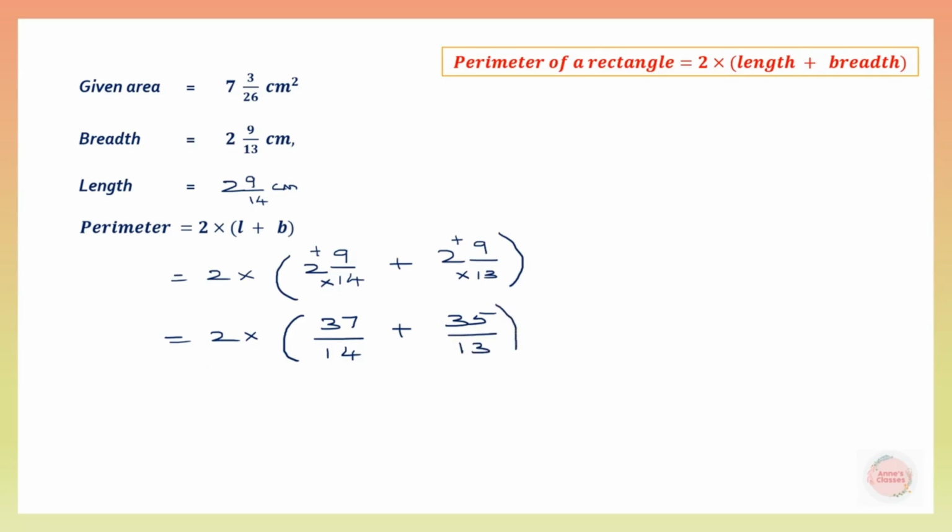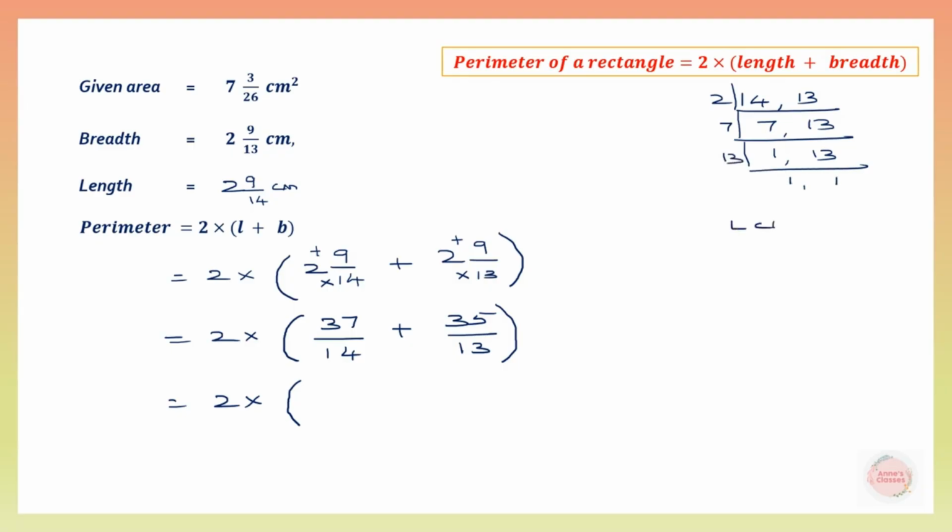So now the denominators are different. We have to find the LCM. So the LCM of 14 and 13. Let's begin with 2. 2 sevens are 14. We bring down 13. Then we continue with 7, 1 and 13. Now 13 is a prime number, so we can use that itself.